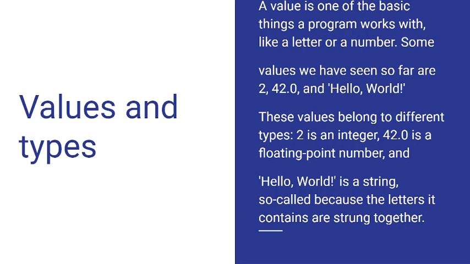These values belong to different types. 2 is an integer, like we have said, 42.0 is a floating point number, and the word in the quotes is a string, a so-called string, because the letters are strung together. If you are not sure what type a value has, the interpreter can tell you.